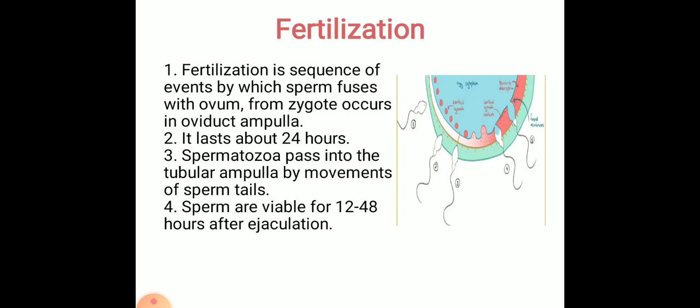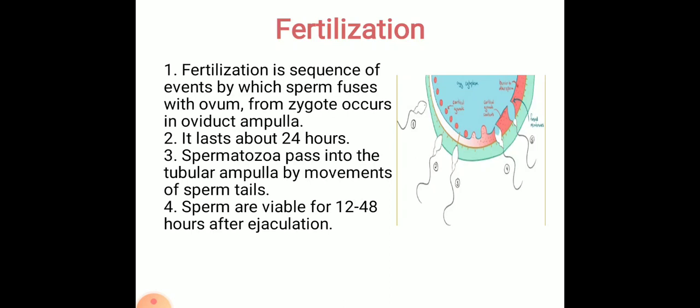The male gamete is the spermatozoa and the female gamete is the ovum. The union of both these gametes results in the formation of a diploid zygote. They are haploid, and they become a diploid zygote. That is called fertilization.